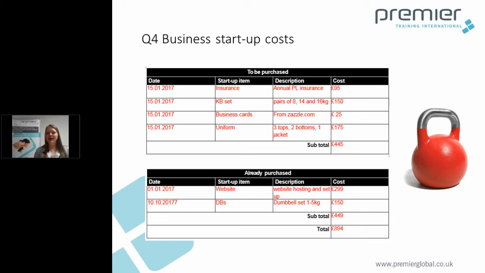So what you do need to do is add those together to give you a total of pre-trading expenditure. So this person has a pre or startup cost expenditure of £894. That figure is important because you do need to carry that forward onto your cash flow forecast later on in this assignment. So make a note of your figure and make sure that goes onto your plan later.